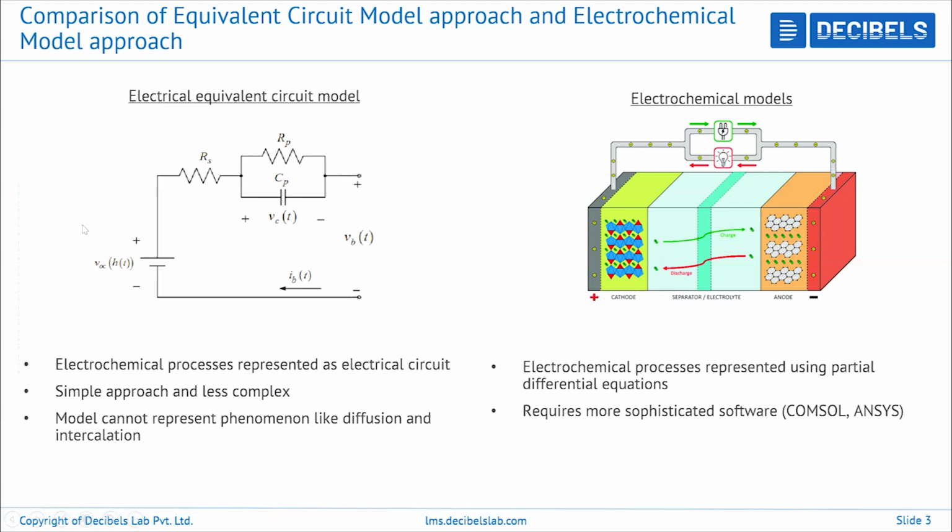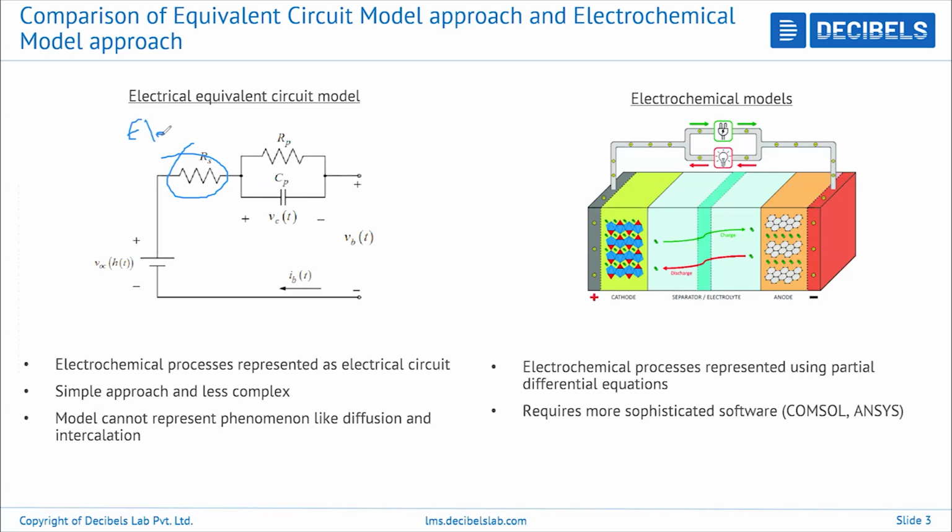In the diagram, we can see a set of resistors and capacitors and a source voltage, which represent the resistance and capacitance of the materials and processes inside. RS here is the ohmic resistance, which you can also call the electrolyte resistance.